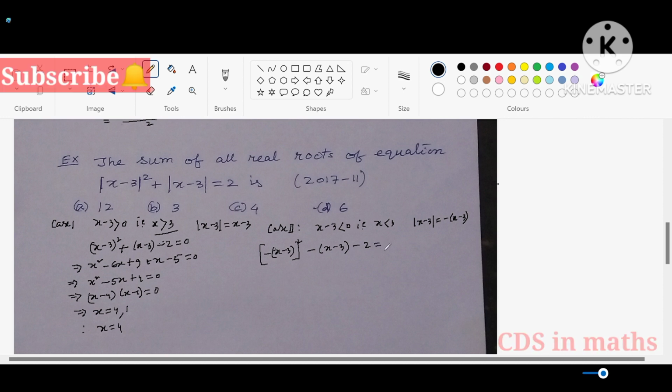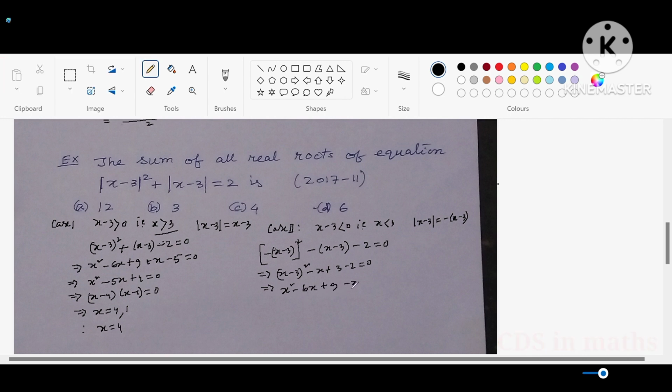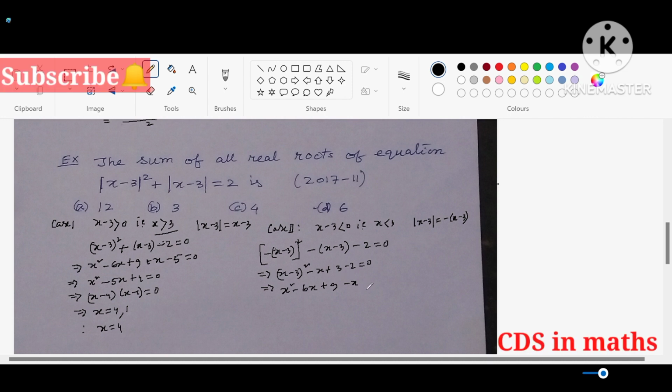This 2 I am taking to the left side, making the right side 0. Now minus square will be plus. So it will be x minus 3 whole square, minus x, just multiplying by minus, plus 3 minus 2, equal to 0. If I open it using a minus b whole square, x square minus 6x plus 9 minus x plus 3 minus 2, which is plus 1, is equal to 0.